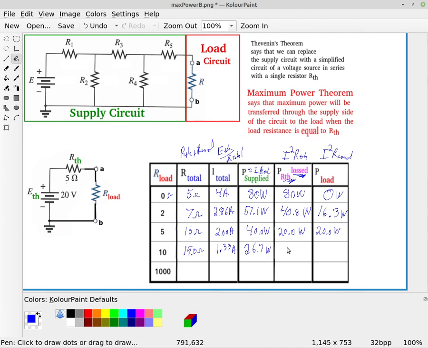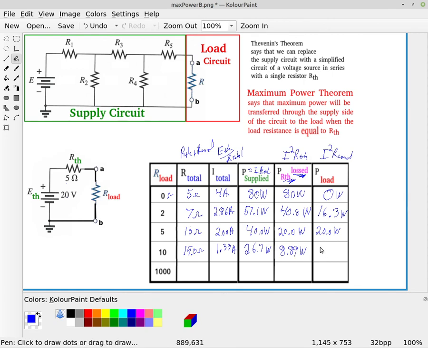So that's 26.7 watts being supplied, and the power being lost is 1.33 squared times our Thevenin resistance, which turns out to be 8.89 watts.